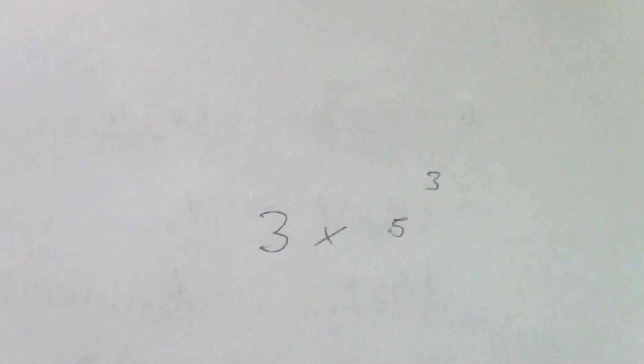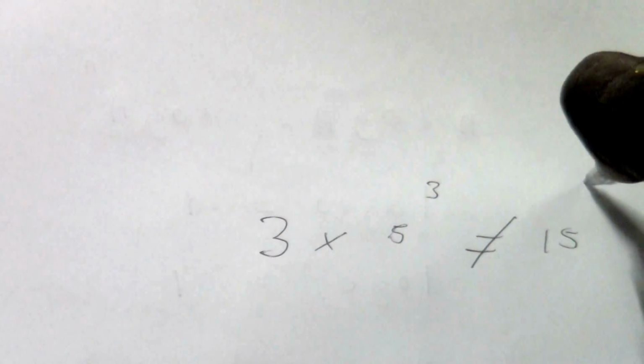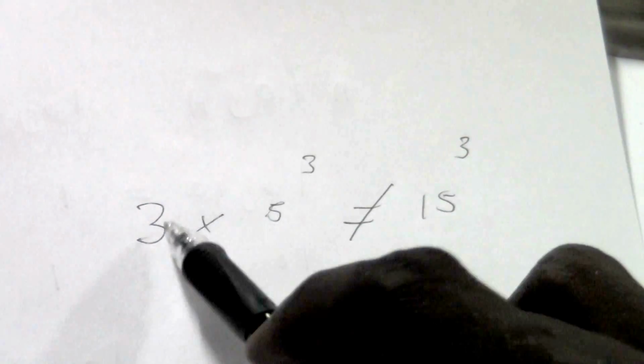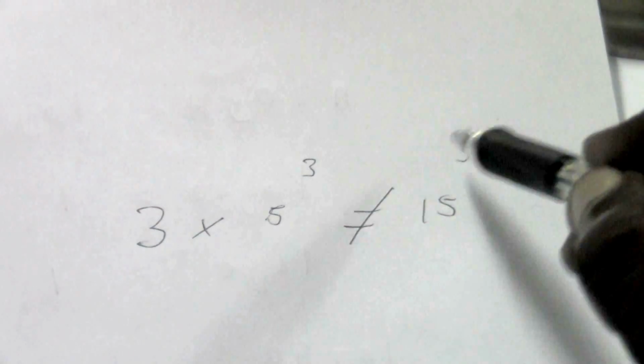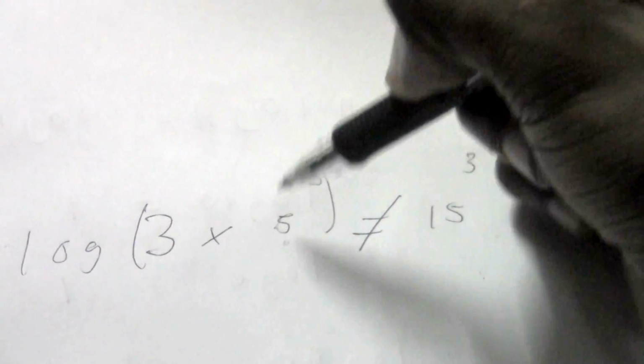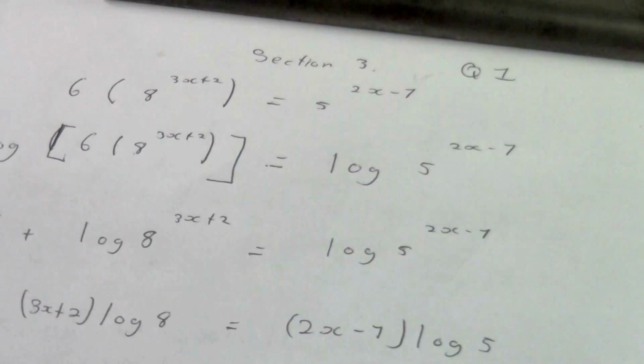Because 3 times 5 to the 3rd power is not equal to 15 to the 3rd power. If you have something as a power, you can't just multiply this by this. This is the next common mistake. Please log it, and then express this as log 3 plus log of 5 cubed.